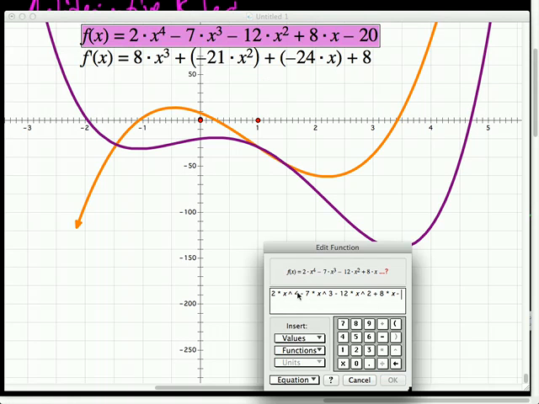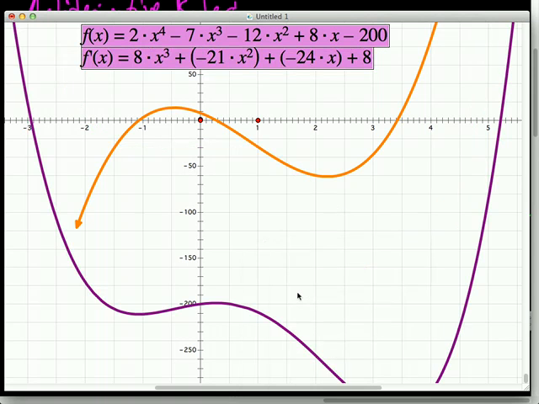I could make it minus 200. And notice the orange function staying the same, because the orange function is only ever defined in terms of the slope. And the slope doesn't matter if it was shifted up or down. It had everything to do with the steepness at its points.